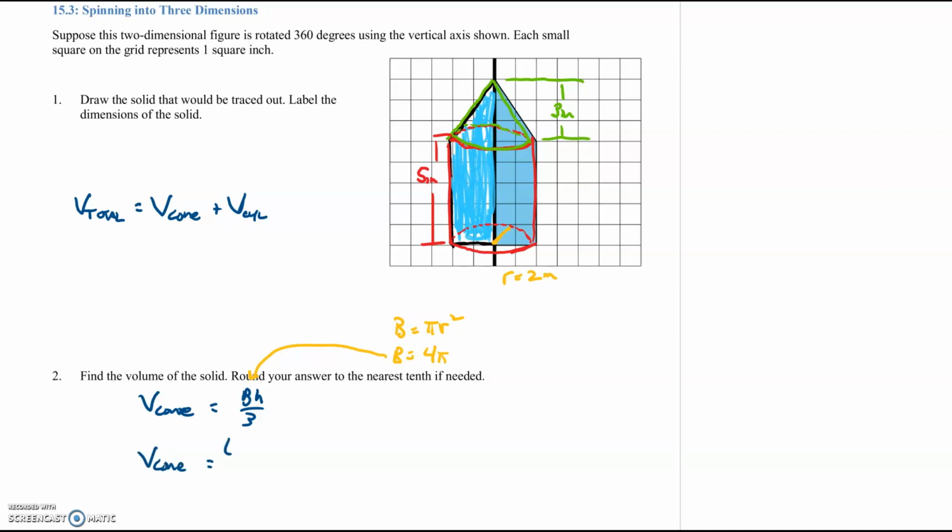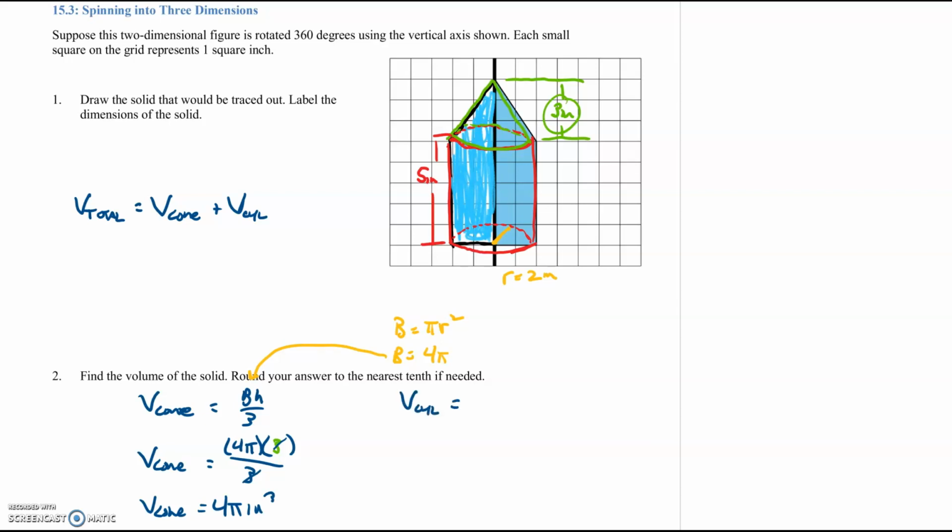It is going to be that 4 pi units times the height of this cone. Remember, right here is 3. And then we're going to divide that all by 3. Look what happens to the 3's. They cancel. So the volume of my cone is 4 pi cubic inches.